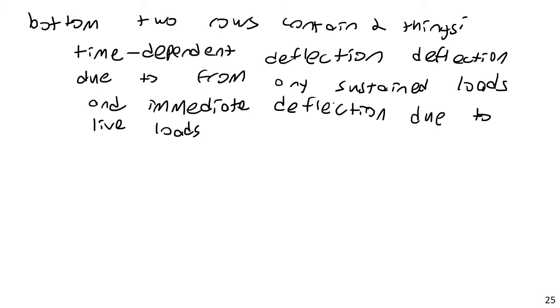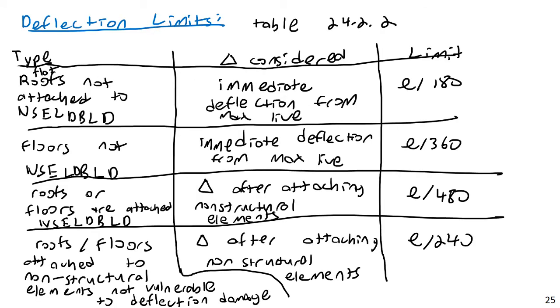But basically mainly from dead load. You can read more about that in the commentary, but I hope that gives you a brief introduction to long-term deflection. So this does not include the deflection from initial dead weight, but basically you're just using the formula addition.